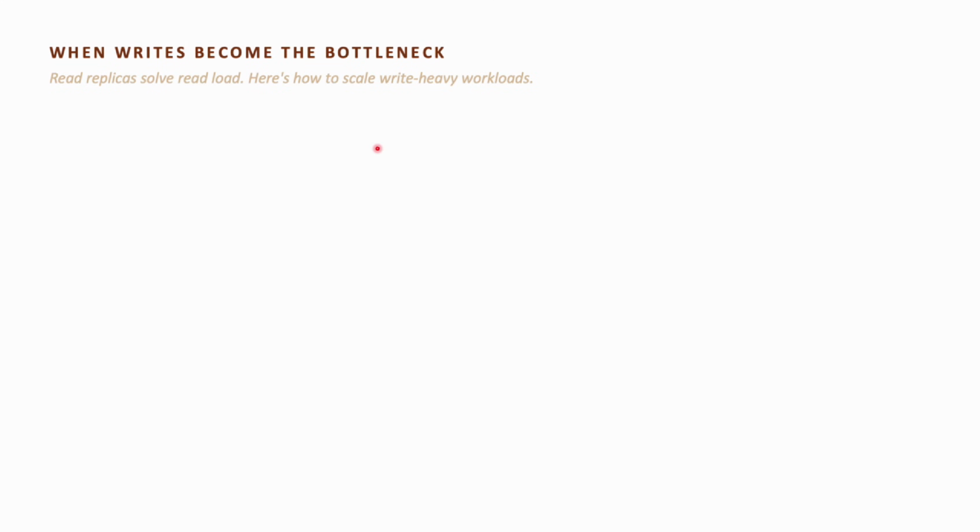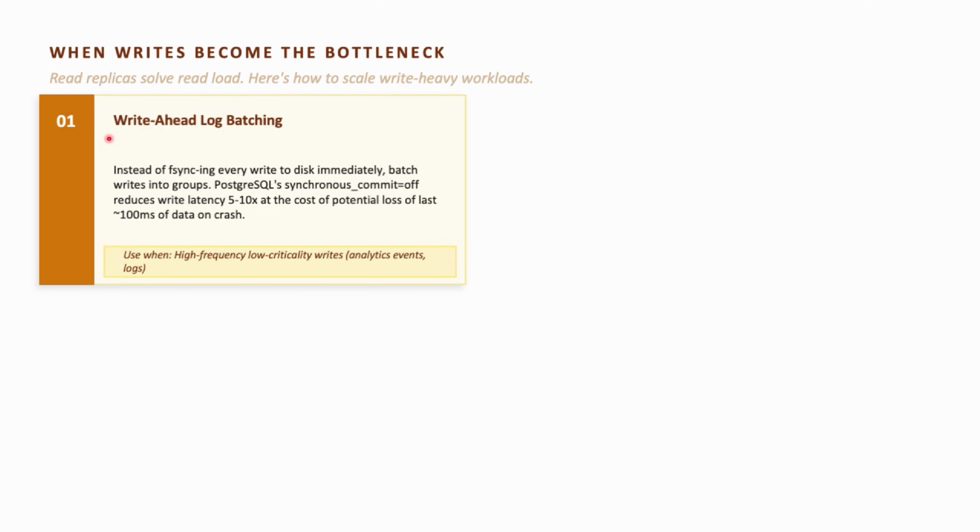Once you have maxed out your read scaling with replicas, writes can still be a bottleneck, and here are 4 strategies you can apply to scale your writes. The first strategy is write ahead log batching.